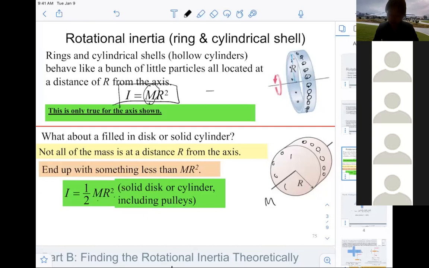For the disk, some of the masses are at radius r away from the center, but a lot of the masses are much closer, because the hollow is now being filled with some of the masses. So overall, it is actually easier to rotate a disk if it's the same mass as your ring.